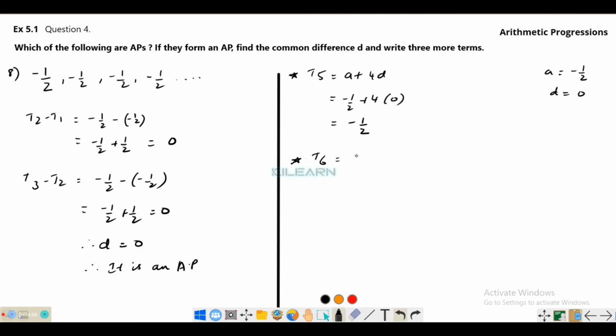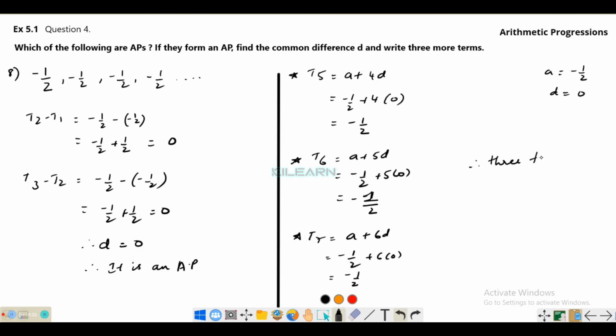Now T6 is equal to A plus 5D, minus 1 by 2 plus 5 into 0, again I get minus 1 by 2. T7 also I get the same answer, A plus 6D, minus 1 by 2 plus 6 into 0, which gives us minus 1 by 2. Therefore the three terms are minus 1 by 2, again minus 1 by 2 and minus 1 by 2.